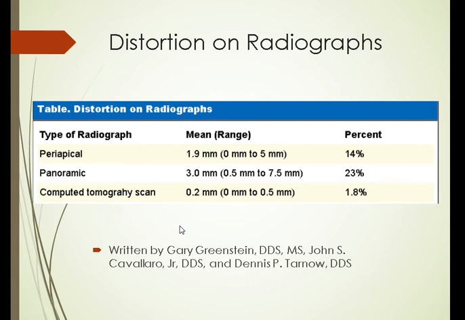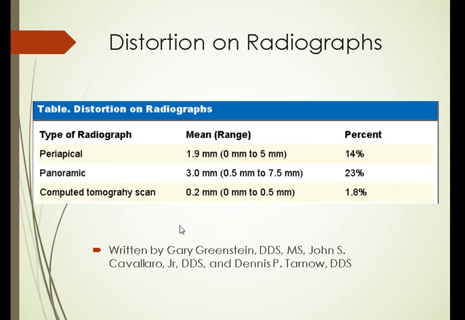Research has shown that for periapical, pan, and cone beam CT, there's always a little bit of distortion. That distortion is magnified, and it can affect our result, if our margin of error in some cases is less than a millimeter or 2 millimeters.